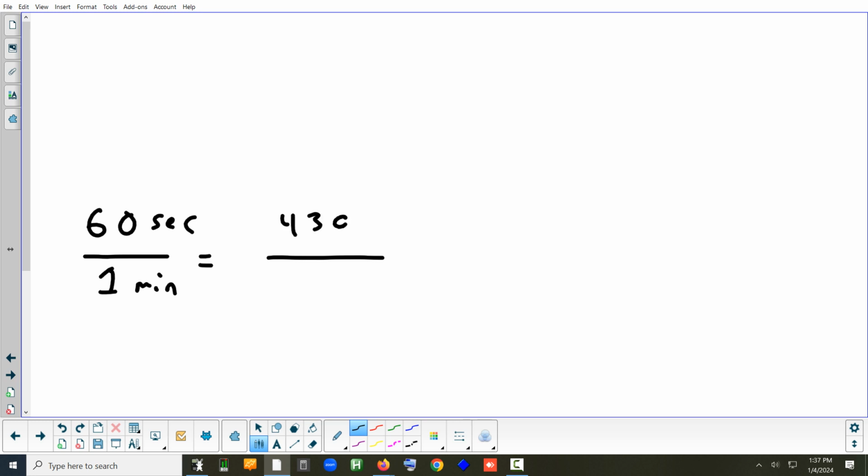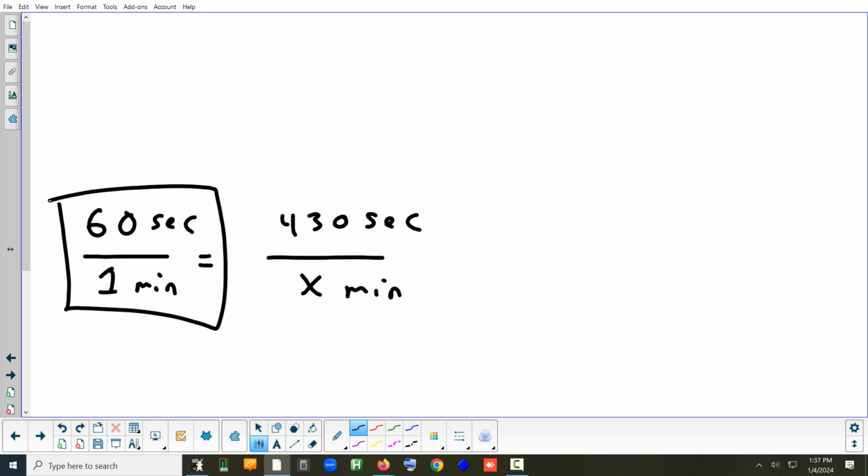Well, on this side, I can fill in 430. I put X minutes, and then I cross multiply to solve it. The whole key, though, is this. If you don't know that, you're stuck. Or something equivalent to it. You could put 120 seconds in 2 minutes, but you have to know something already. Okay.